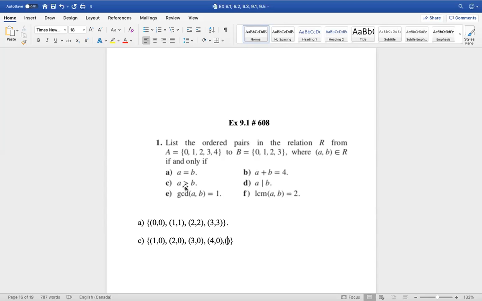So we have a is greater than b. We have (1, 0), (2, 0).